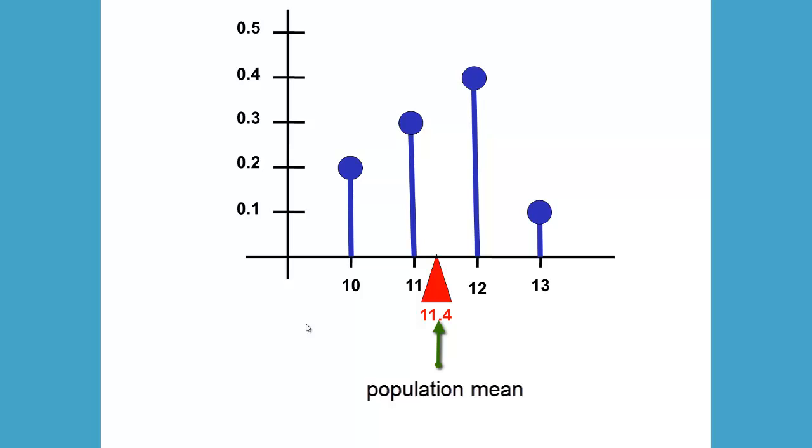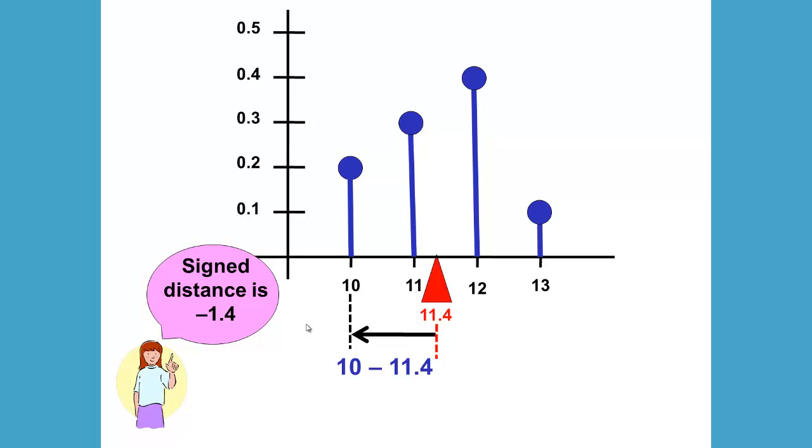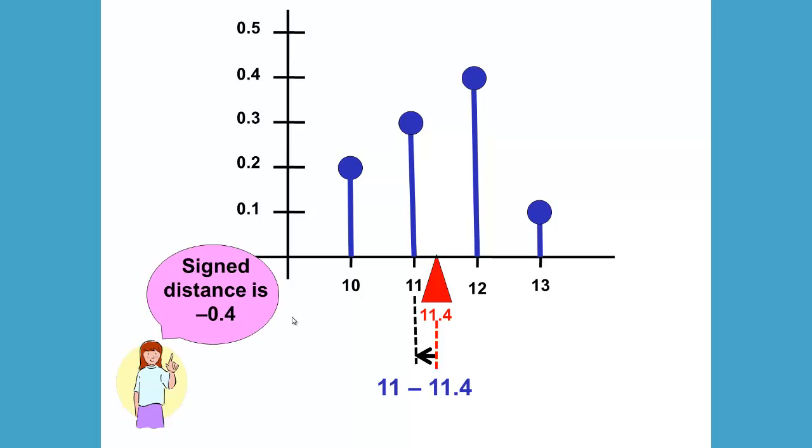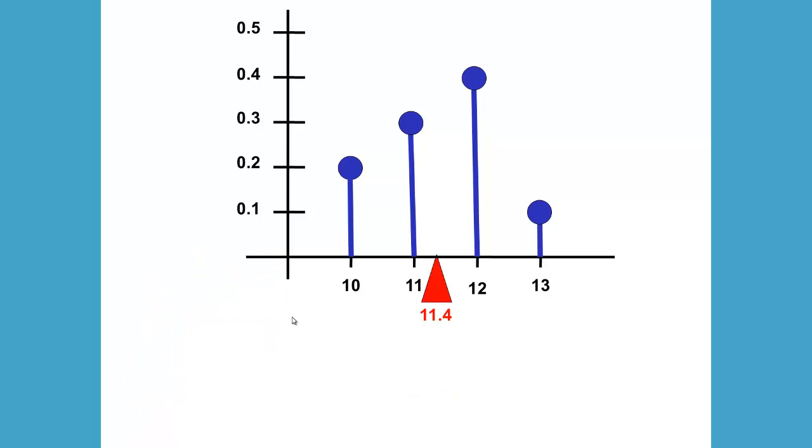Remember that the mean for our data was 11.4. Our first data point is 10, and the distance from 11.4 can be found by saying 10 minus 11.4, and the signed distance is negative 1.4. Moving to the next data value, 11, the distance is 11 minus 11.4, and the signed distance is negative 0.4.